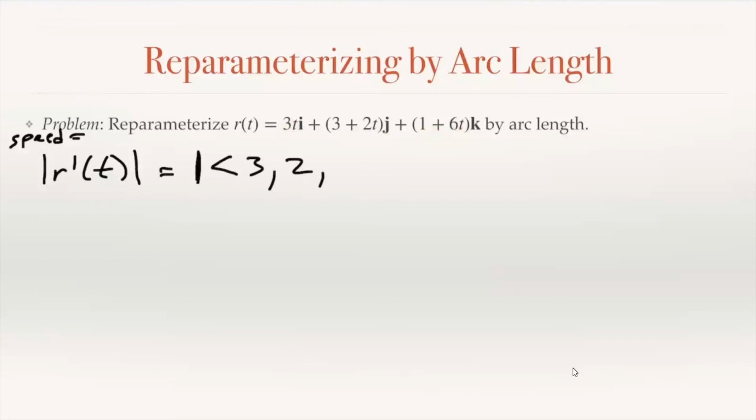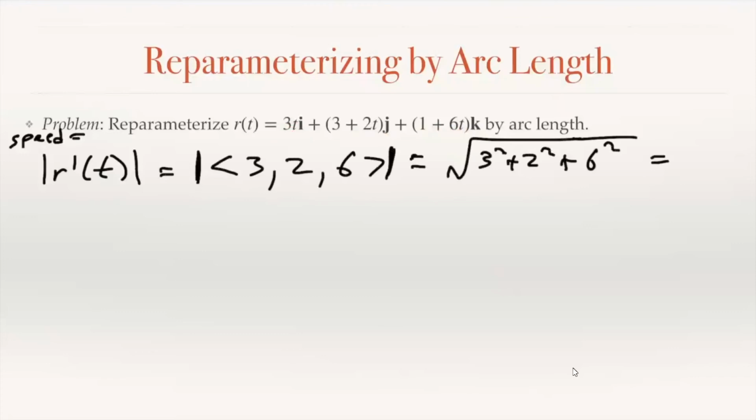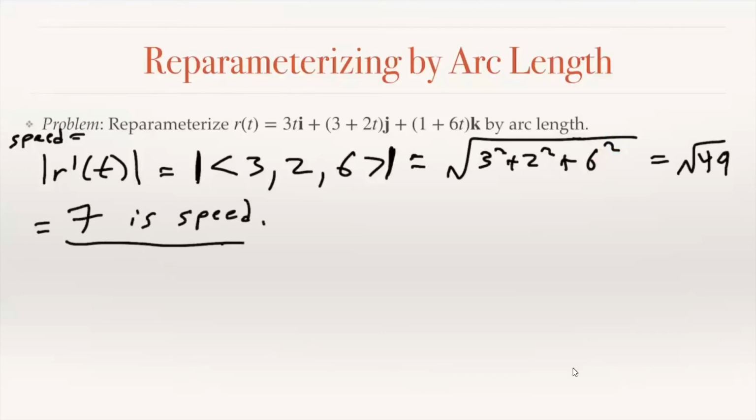And derivative of 1 plus 6t is 6. Okay, and we have the square root of 3 squared plus 2 squared plus 6 squared, which is the square root of 49. Okay, so 7 is the speed.